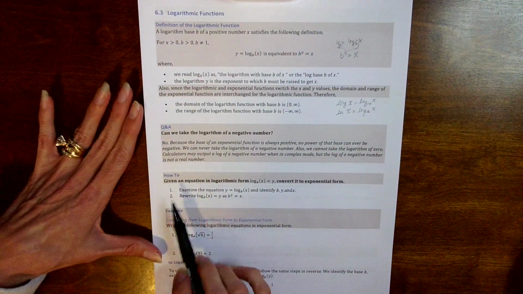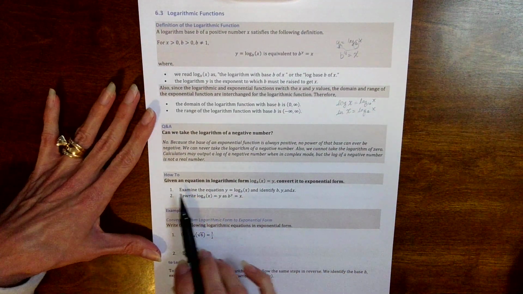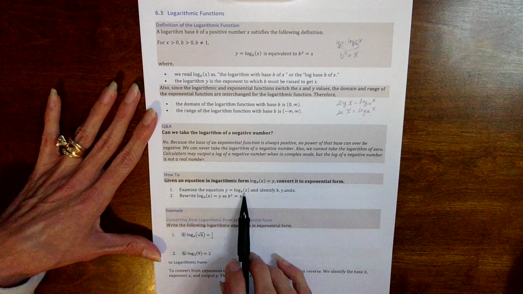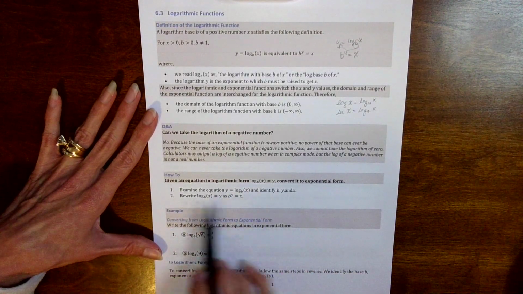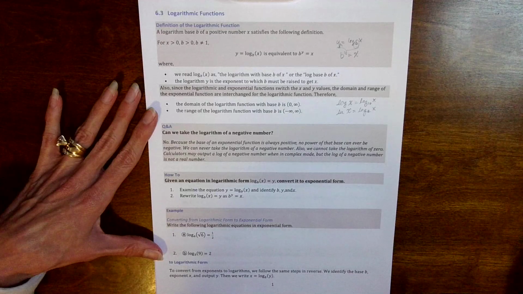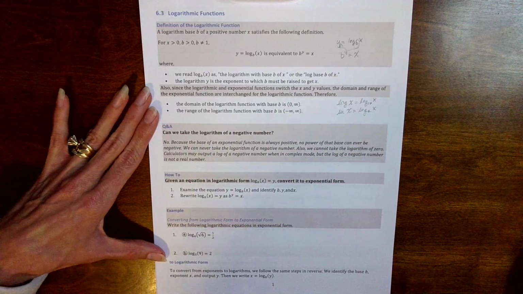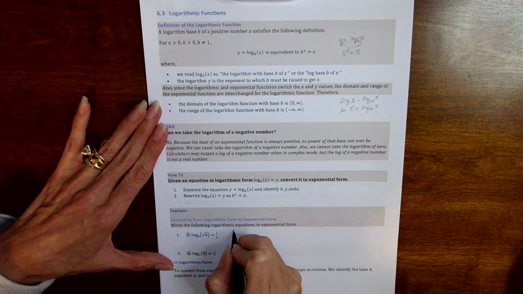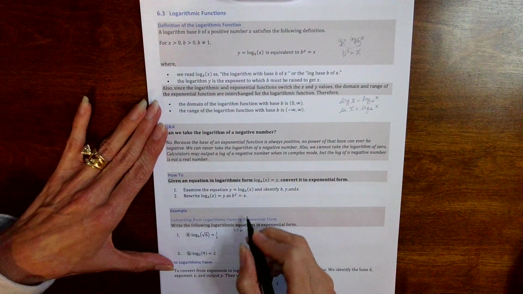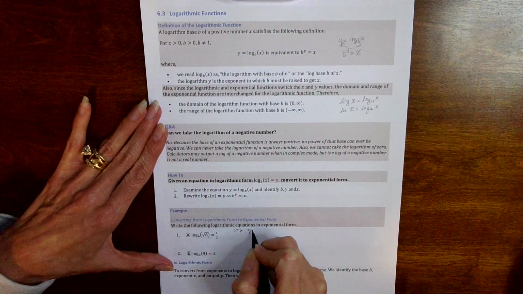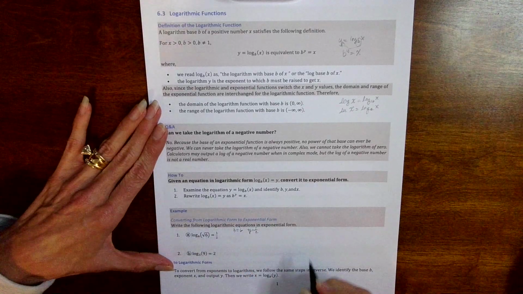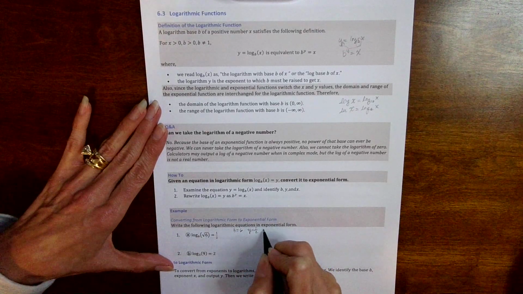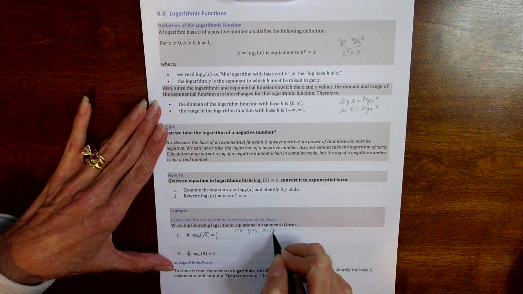So to convert it, we're just going to take this, identify b, y, and x, and rewrite it as b to the y equals x. So here, b equals 6, y is 1/2, because the square root is the same as 1/2 power, and x equals the square root of 6.